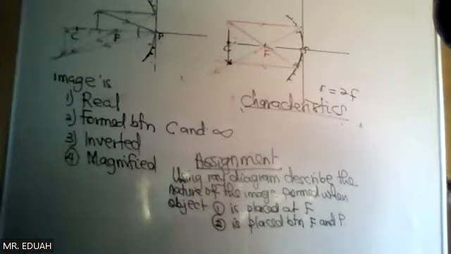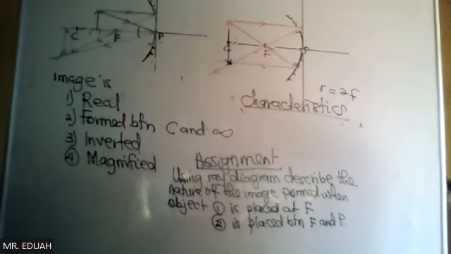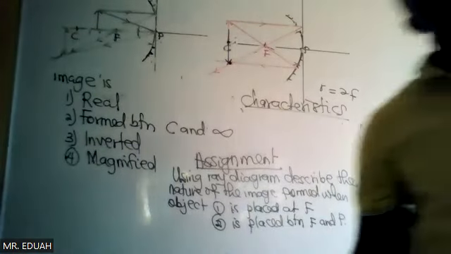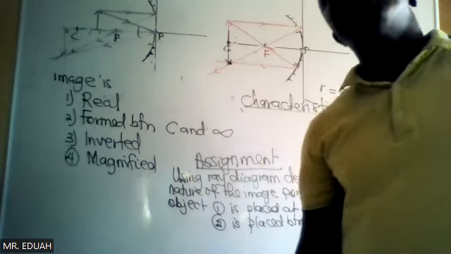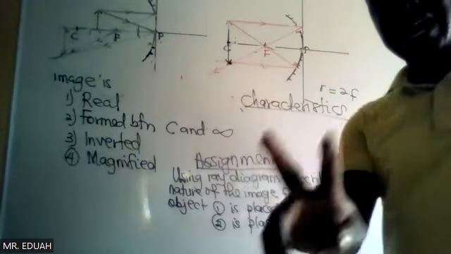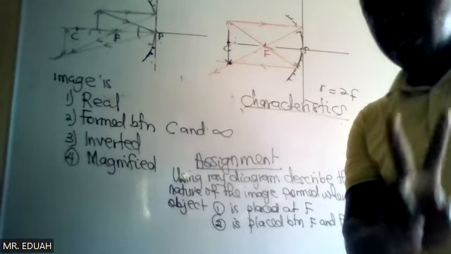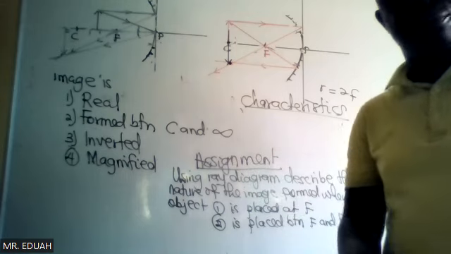Mr. Adria, please, I wanted to ask, can you use just one rule for everything? Like, if you understand the first one, can you use the one? No, you can't use one. You are always using 2. 2 rays must converge or appear to converge.